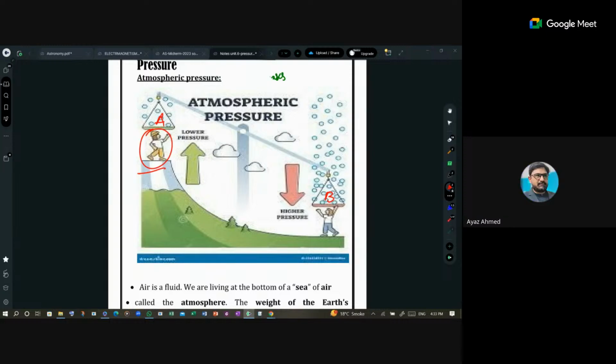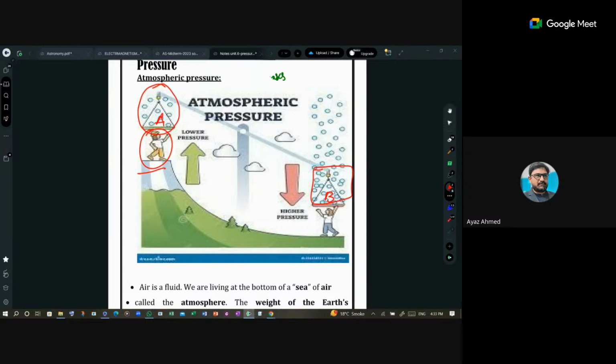So when altitude increases, pressure decreases because fewer molecules are there. At lower altitude, the density of the gas is more. When the density of the gas is more, more collisions take place, and due to that, more pressure appears on the container or molecules.